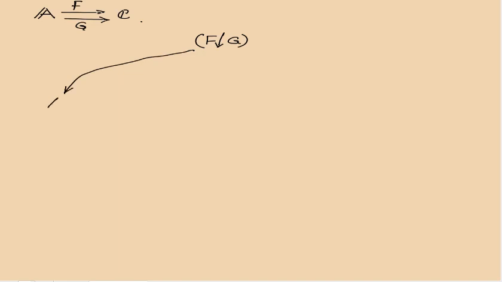The special case is when I have a pair of functors between A and B, A and C. Well, in this case, again, we have this category. We have these functors.